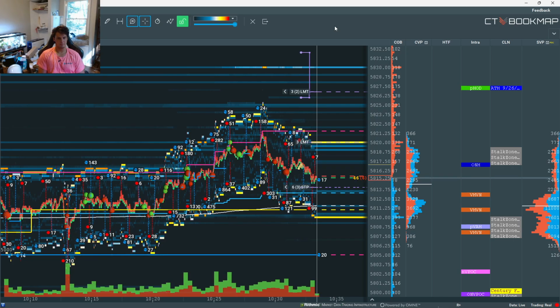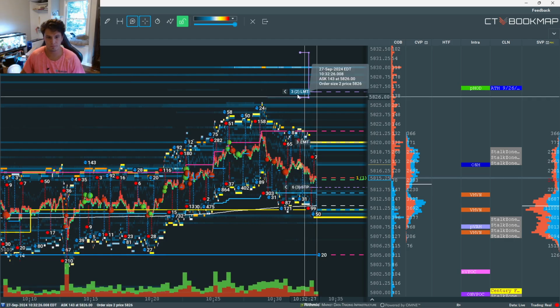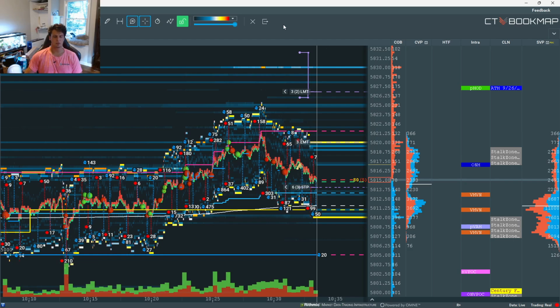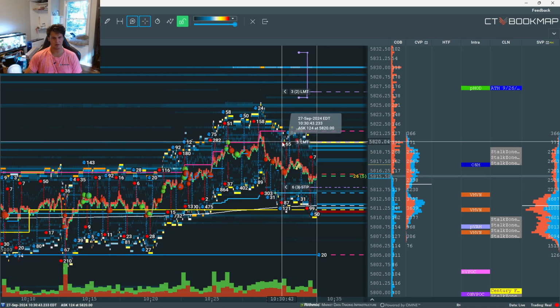I think this is it. Mean reversion. I was thinking shorts, but this is the area to hold, and we have the high probability stat.